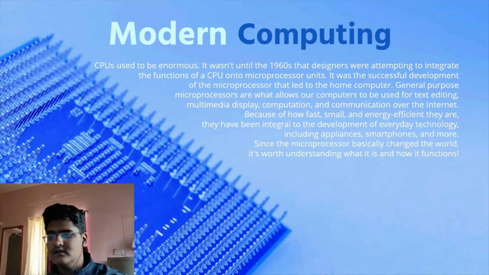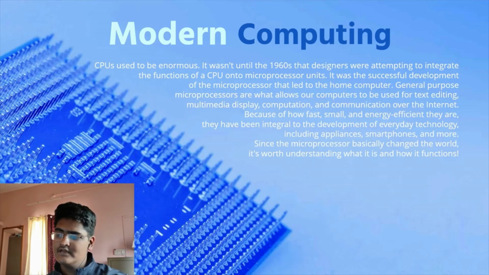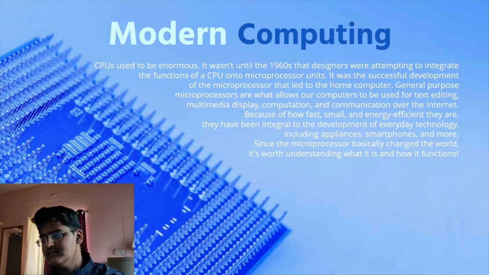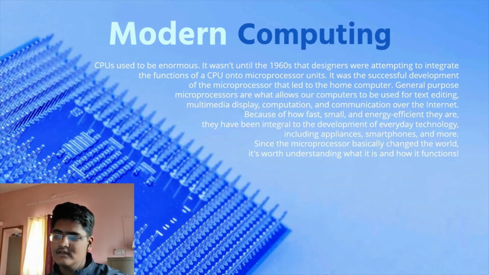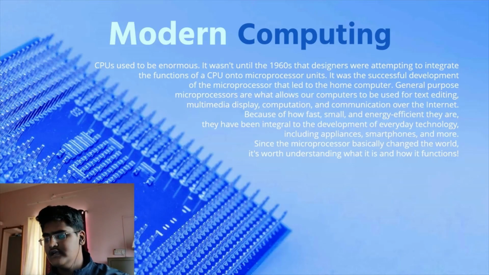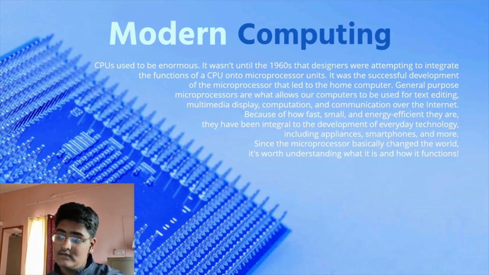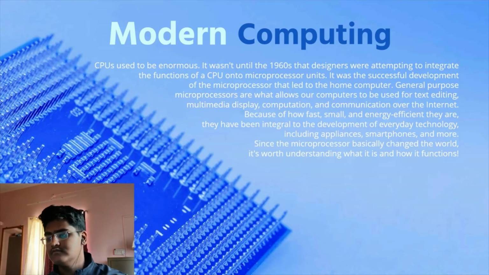General purpose microprocessors are what allow computers to be used for text editing, multimedia display, computing, and communication over the internet, because of how fast, small, and energy efficient they are. They have been integral to developing everyday technology, including appliances, smartphones, and many more. Since the microprocessor basically changed the world, it's worth understanding what it is and how it functions.